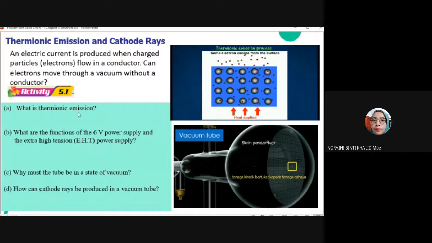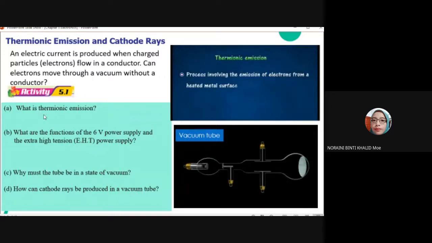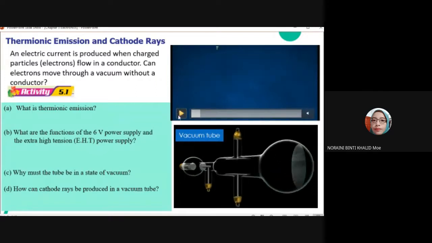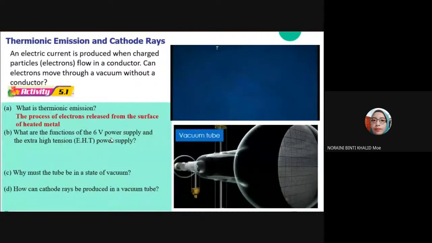Let's try to answer some questions under this activity. You can refer to activity 5.1 in your textbook. What is thermionic emission? It's the process of electrons released from the surface of heated metal.